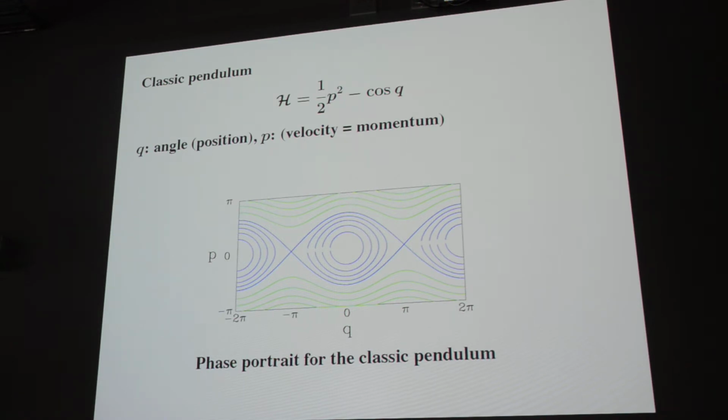And how much it swings, remember there's no friction here, depends on your initial condition. If you started here with no velocity, it will go to where it also has no velocity, at the same height, and then come back, and back, and come back. That is described by one of these circles here. You're going back and forth in q, and your velocity is changing from negative to positive, and negative. So that's what these circles are here.